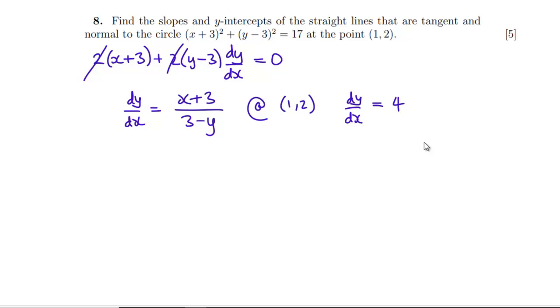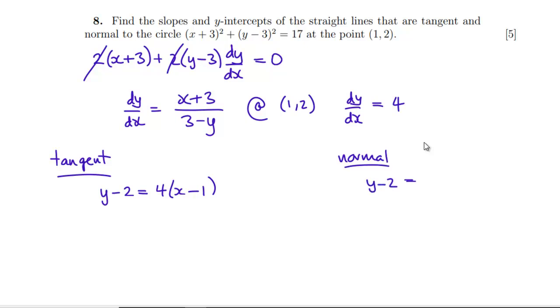So our tangent at that point is going to be y minus 2 equals 4(x minus 1), and our normal is going to be y minus 2 equals minus 1 over 4 (x minus 1). So we need the intercepts, don't we?